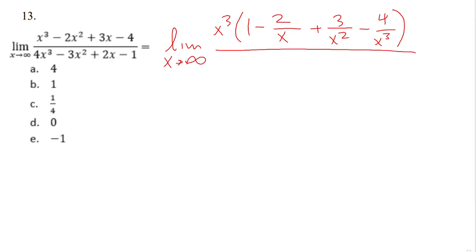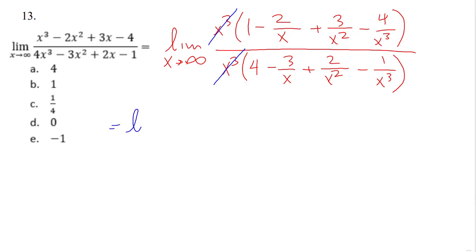And then in the bottom, we're still going to have the x cubed that we factor out. And in the bottom, we have 4 minus 3 over x plus 2 over x squared minus 1 over x cubed. And so we can see then that the x cubes should cancel. X cubed over x cubed can cancel out.